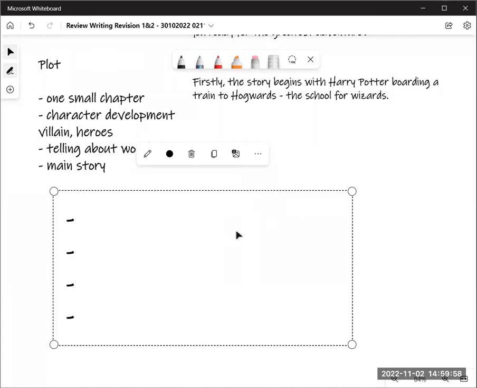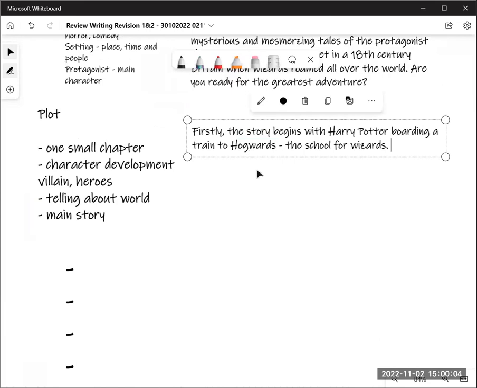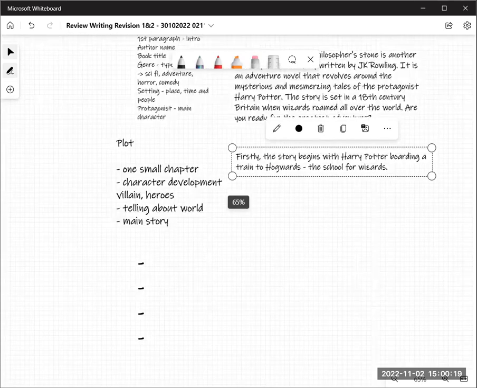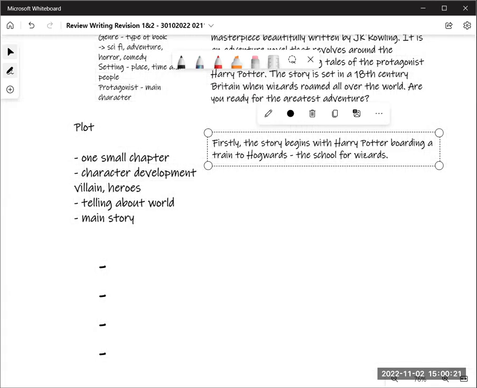What can happen in an adventure? About the plot, about the story of Harry Potter. Can you think of anything? Sir, I watched all the movies, but I don't know what to say.